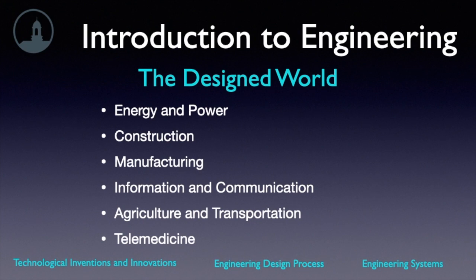The design world is where we dive into a survey of the different branches in engineering and how we interact with them, everything from biomedical engineering and agricultural engineering to civil and electrical, and this is really a bit of exploration.